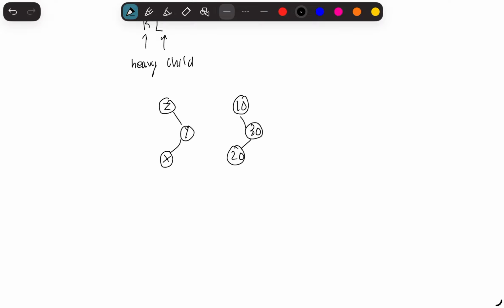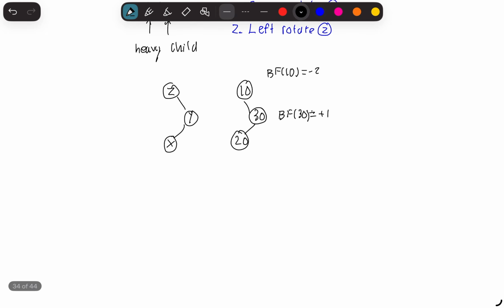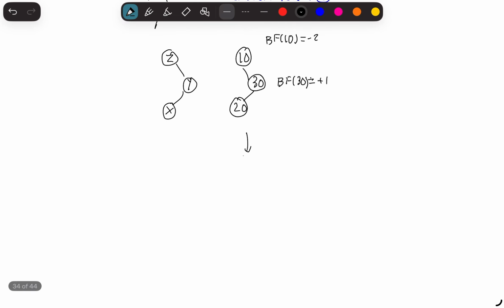So let's calculate our balance factors. Our balance factor of 10 is equal to -2, and our balance factor of 30 is equal to +1. The rotations we're going to do in this case: first a right rotate of node Y, and then our second step is going to be a left rotate of node Z. Upon our first step, we can color in what our Z is here and what our Y is here.